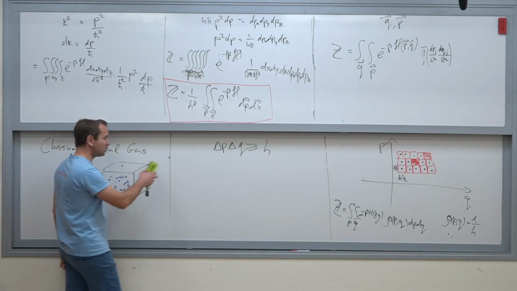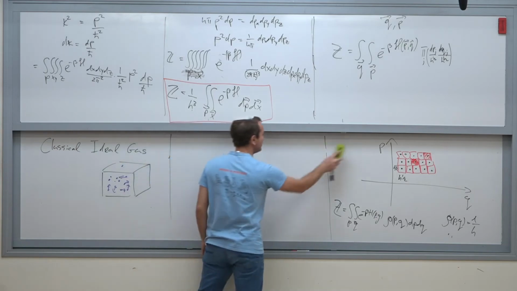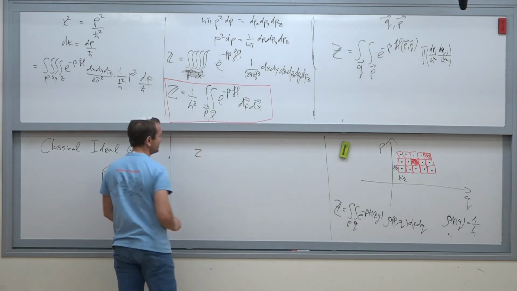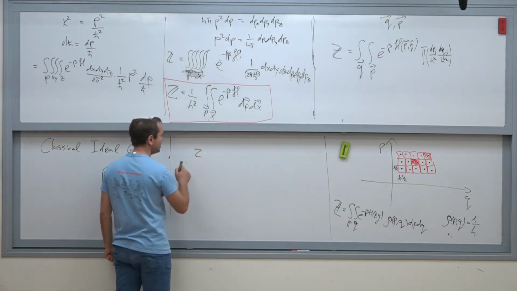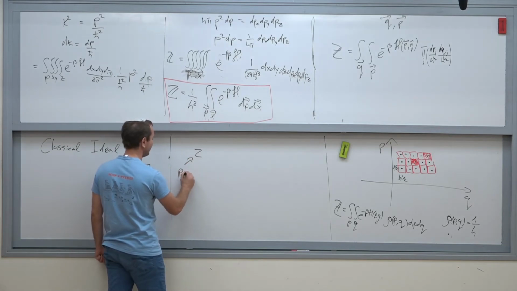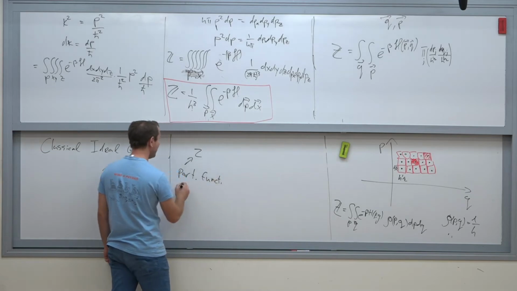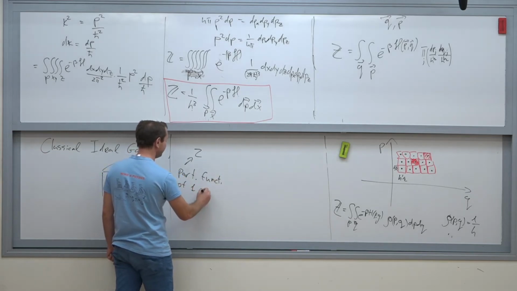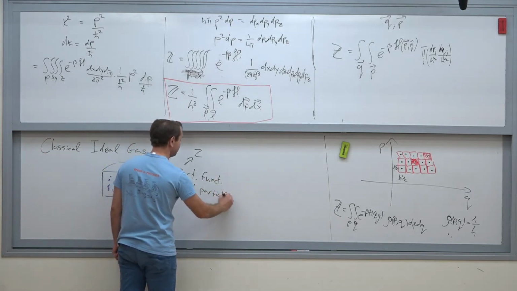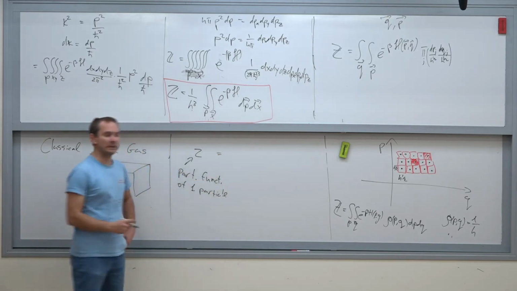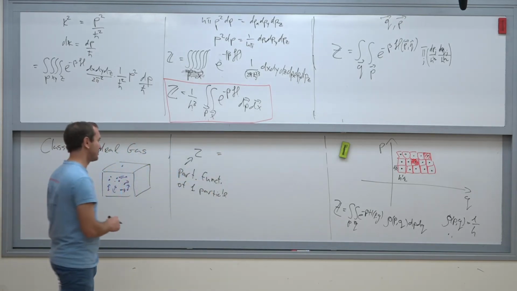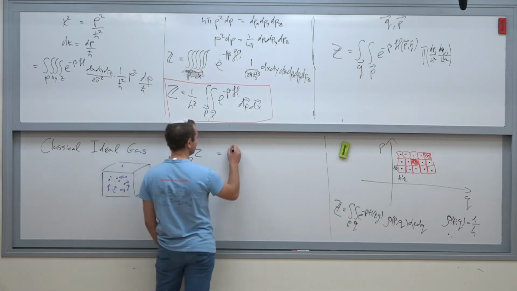Okay, so we start with the partition function z, small z, the partition function of one particle. So classically, what is the function?